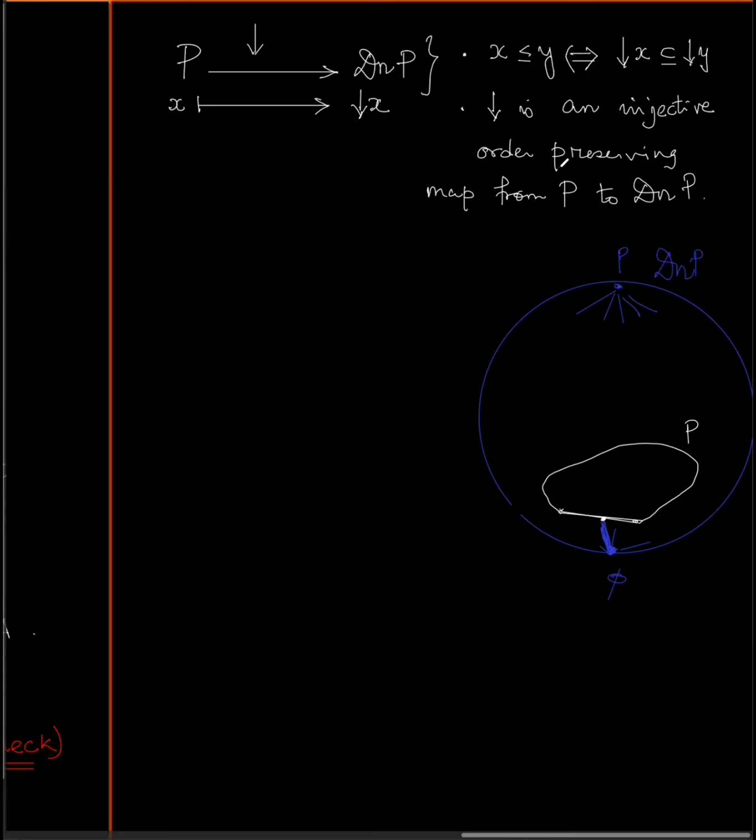We have another aspect of this. So it is a kind of an injection of the partially ordered set inside this big partially ordered set, which has all possible joins and all possible meets.